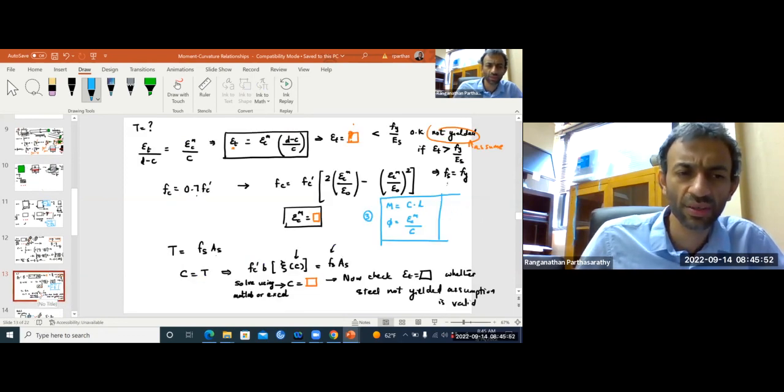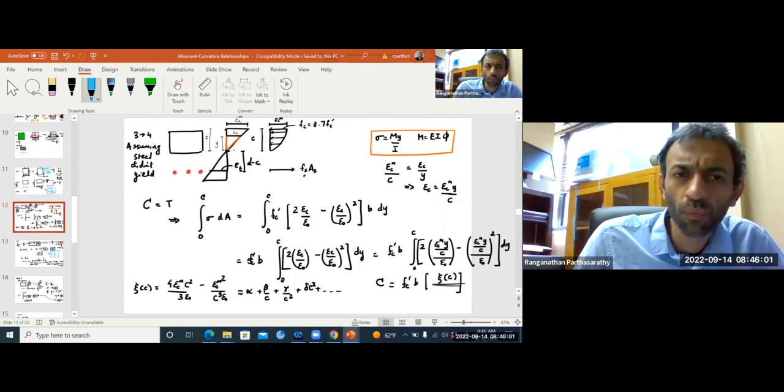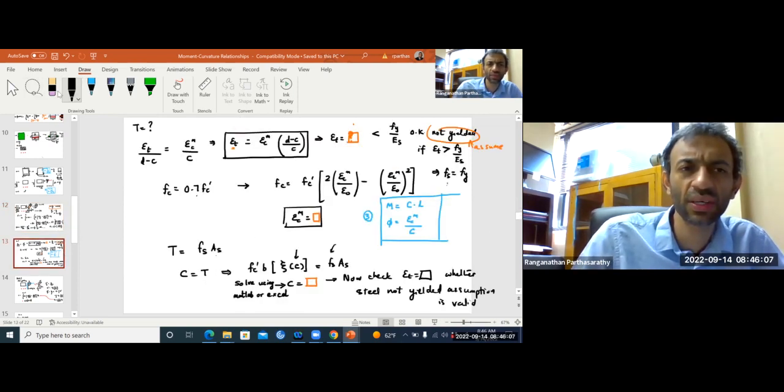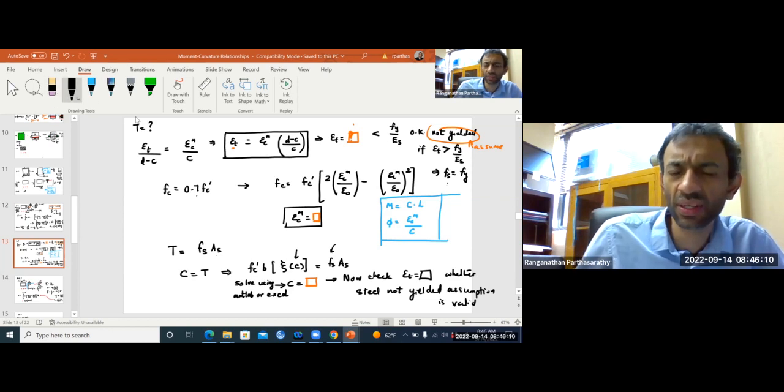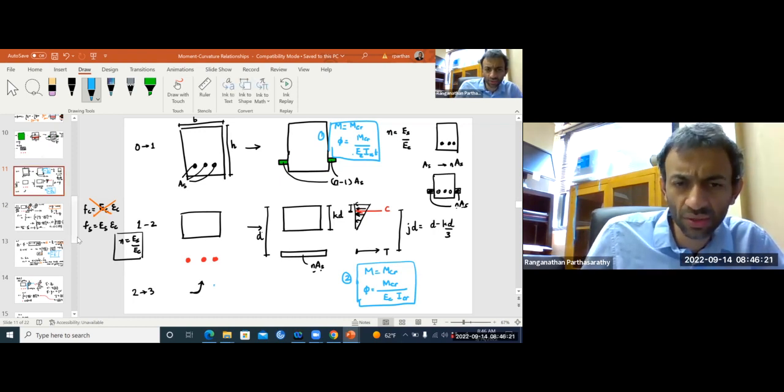Now point number 4, this is what we just wrote. I missed point 3. At point 3, everything was still linear, from 2 to 3. So for 3, M is C or T times D minus KD by 3.